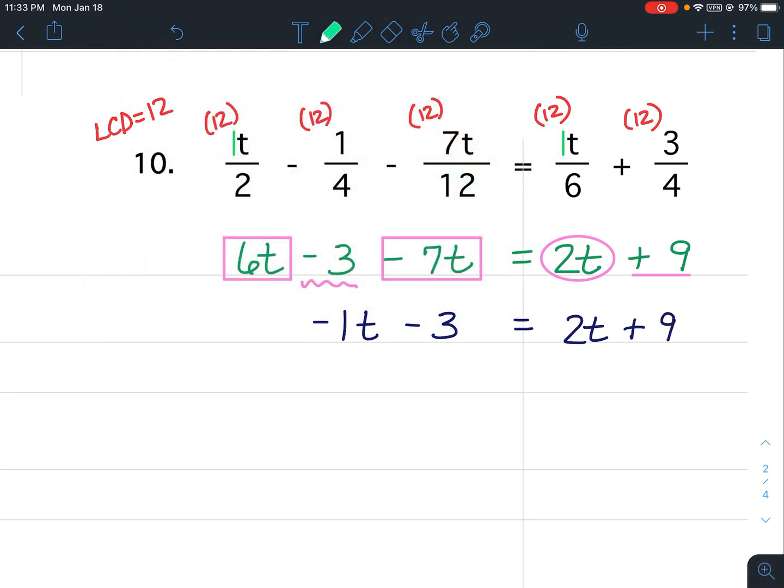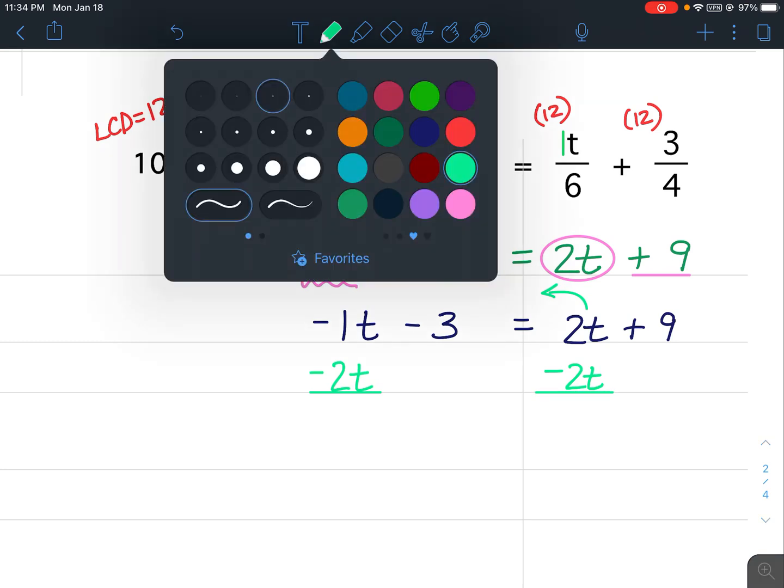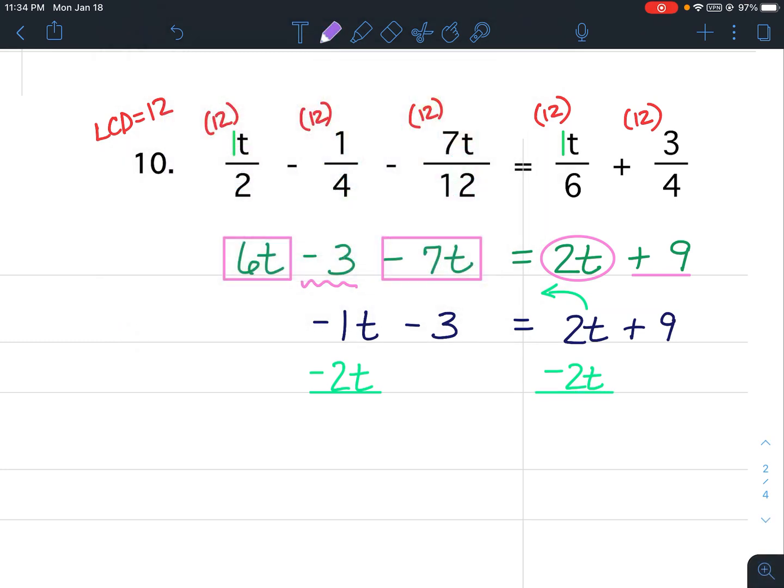Now, so we distributed the 12, then we combined like terms. Now it's time to get our variables to one side, our constants to the other side. So I'm going to take my variable term to the left, since it's a positive, I make it negative 2t. Take my constant to the right.